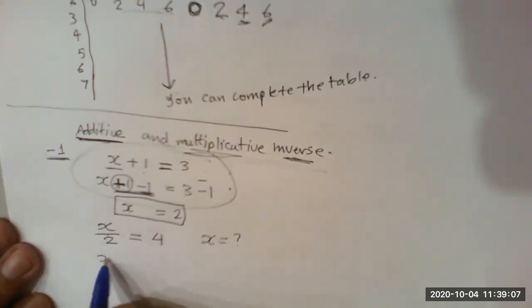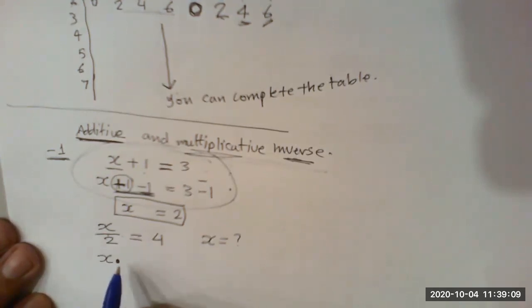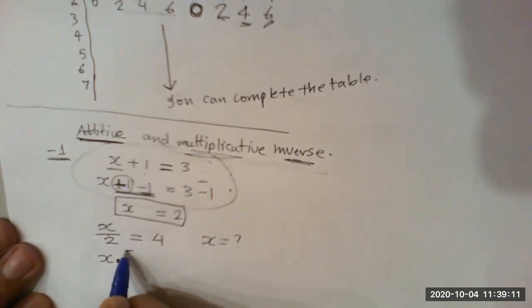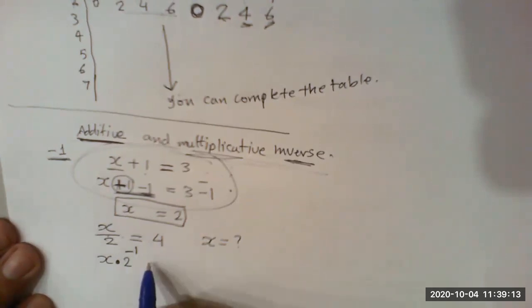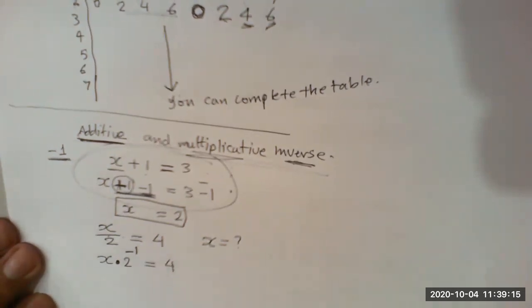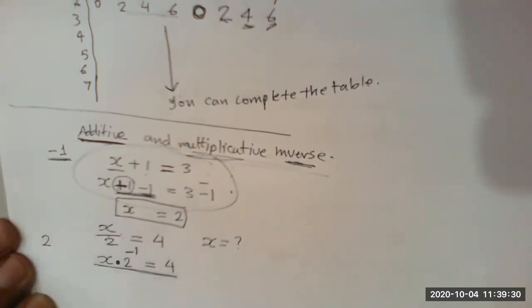Why? Because I know that x multiplied by 2 to the power -1 equal 4. Because I know this is in the denominator, if I raise it up, it will be -1. I have to multiply both sides by 2.